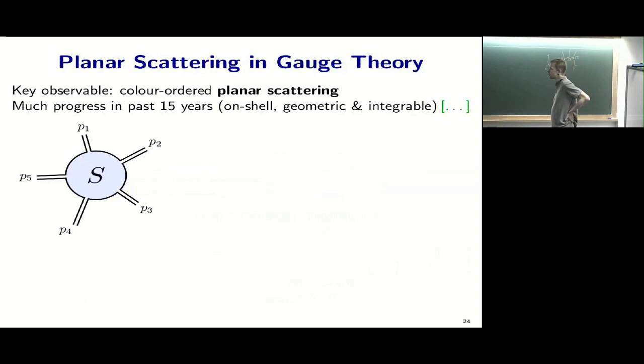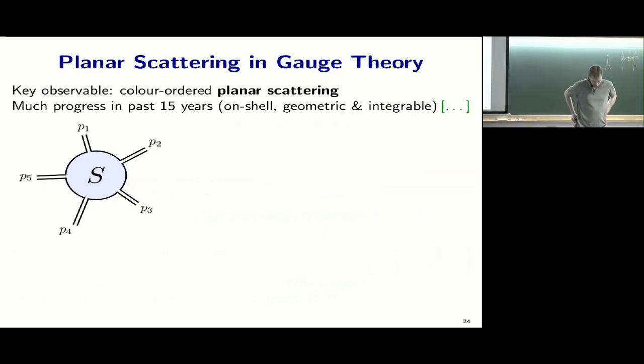So one key observable in the gauge theory is of course scattering amplitudes, and in the planar gauge theory you want to look at color-ordered scattering amplitudes, planar scattering amplitudes. So you have scattering amplitudes where the external particles are ordered in a certain way according to their colors, so that always, these are particles which are n by n matrices.